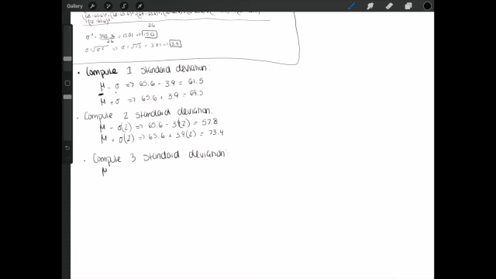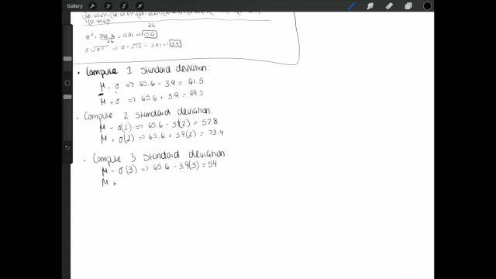Which is also similar, but we are just going to multiply our standard deviation by 3 now. This gives us 65.6 minus 3.9 times 3, which gives us 54.